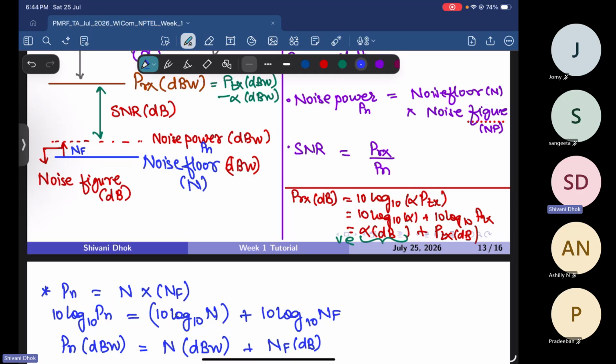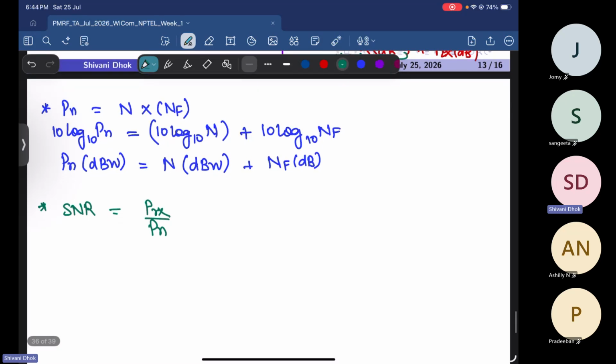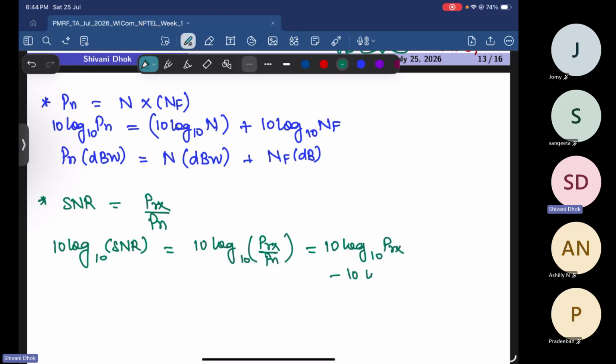Okay, and your SNR is your PRX by Pn. So therefore in dB scale, this is in linear, 10 log SNR to the base 10 is 10 log PRX by Pn to the base 10, which comes out to be equal to 10 log received power to the base 10 minus 10 log Pn to the base 10.